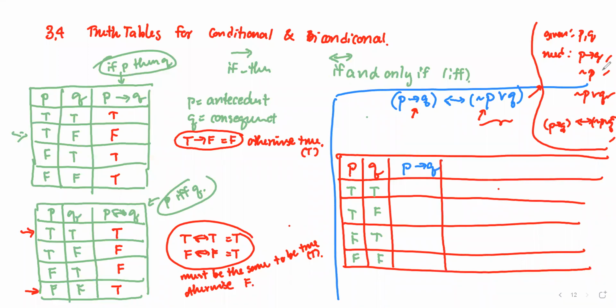And the next column gonna be not P. And the next column gonna be not P or Q. And the last column gonna be the final answer, which is P then Q, if and only if not P or Q.